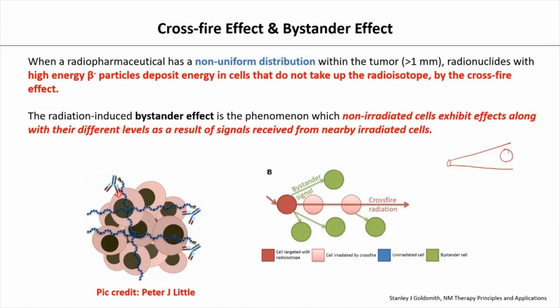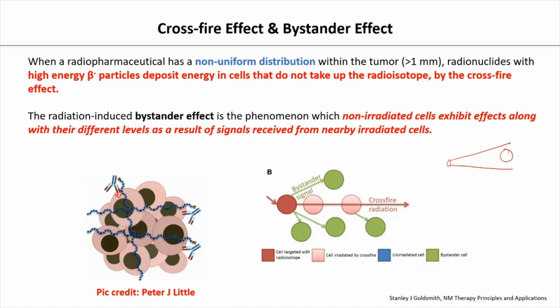So there is some amount of non-irradiated cells. A non-irradiated cell wouldn't die directly, but still we see a sufficient amount of cell death among the non-irradiated cells, and this is because of a signal that is emitted from the irradiated cells.